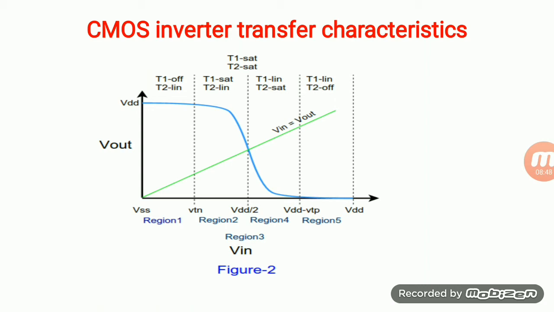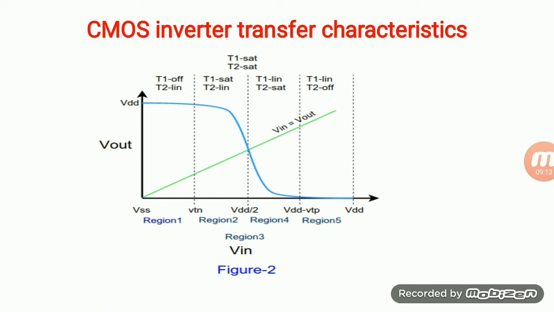Vin equal to 0 means T1 will be off, T2 will be on, where T1 is the NMOS and T2 is the PMOS. So input is 0, PMOS will be on, NMOS will be off. So we get the output as 5 volts.